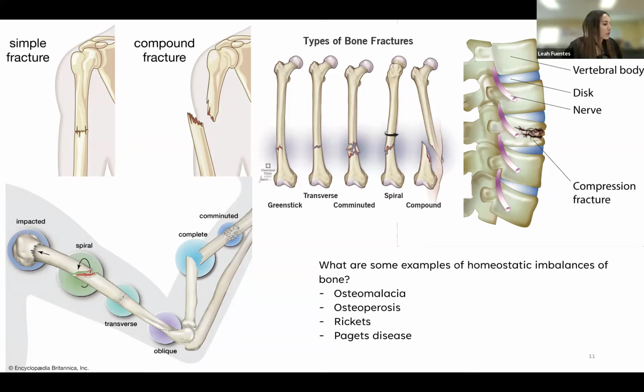I would just make sure you know a couple of these and be able to identify why this is a homeostatic imbalance of bone or what causes this. For example, osteomalacia is an inadequate mineralization resulting in weak bones and pain due to insufficient calcium or vitamin D deficiency. So just things like that you're going to want to know.